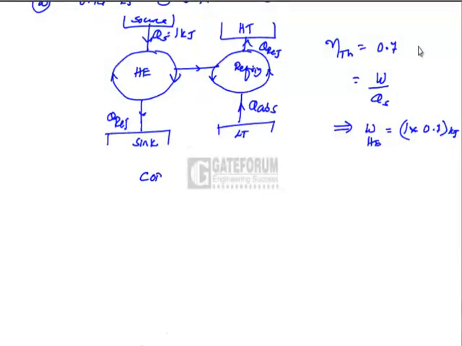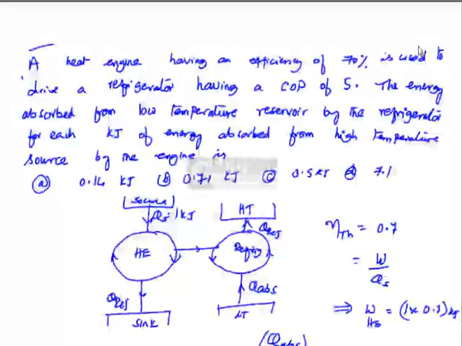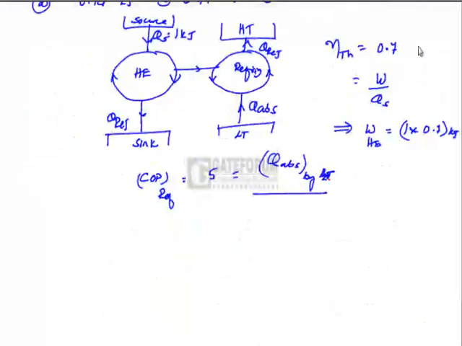From the COP formula of the refrigerator, which is given as 5, COP is equal to Q absorbed from low temperature reservoir divided by work input, whereas the work input is 0.7 kilojoules.